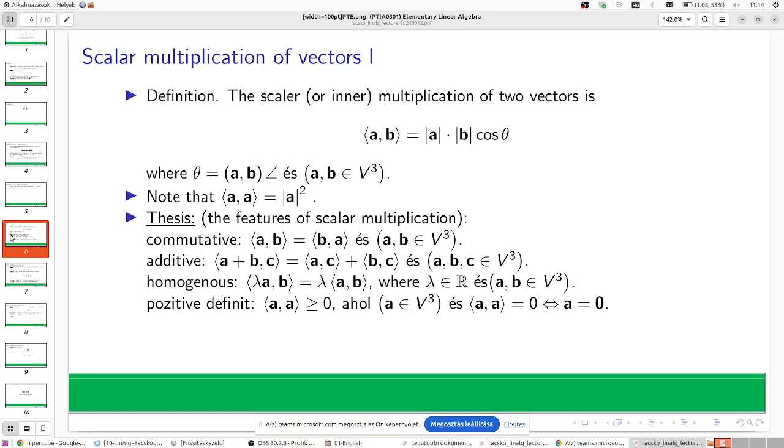The scalar multiplication of 2 vectors A and B is the length of the vector multiplied by the cosine of the angle of the vectors. So we have 2 vectors, and we get one number. This is important.